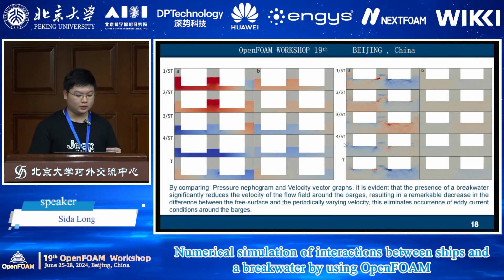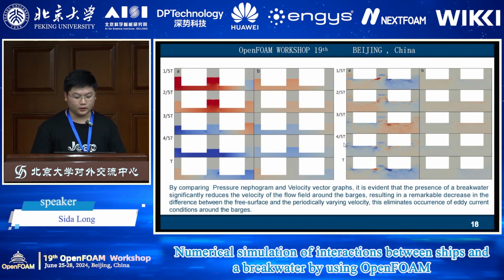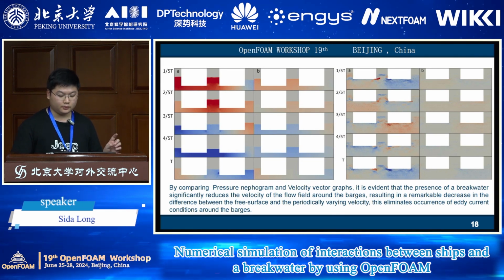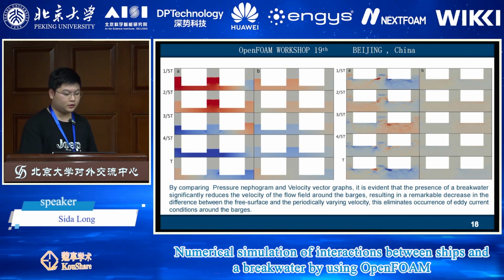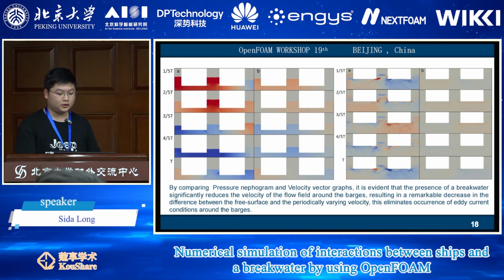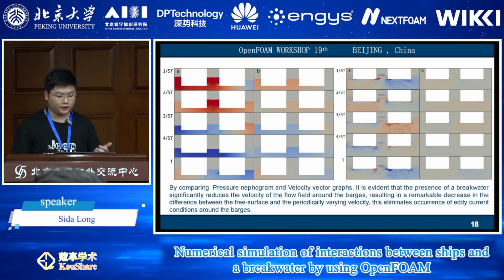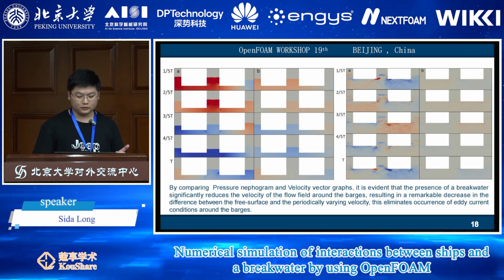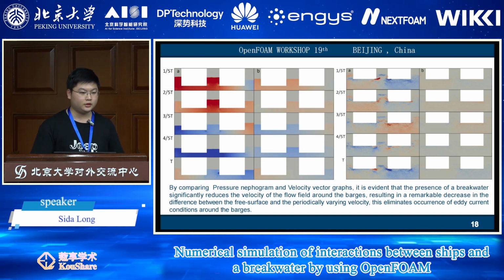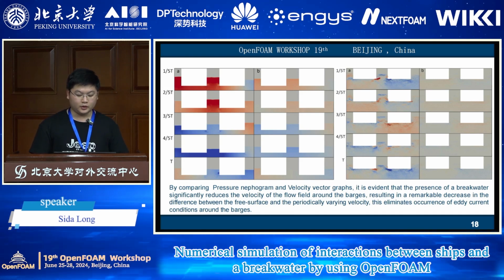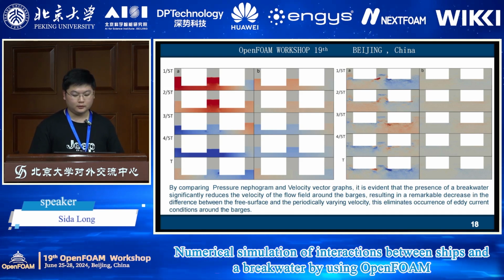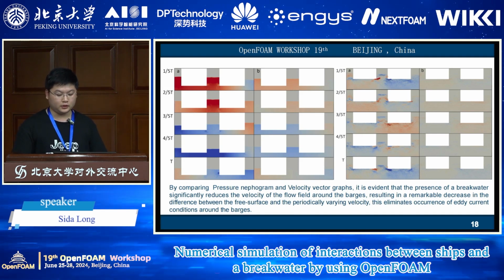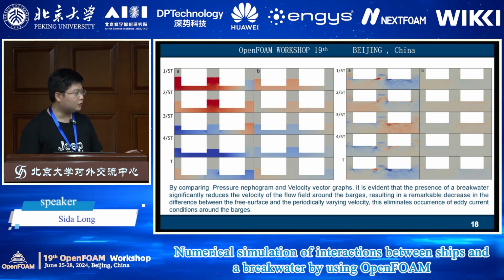To compare the pressure nephogram and the velocity vectorgram, it is evident that the presence of breakwater significantly reduces the velocity of the flow field around the barges, resulting in a remarkable decrease in the difference between the free surface and the periodically varying velocity. This eliminates the occurrence of eddy current conditions around the barges.